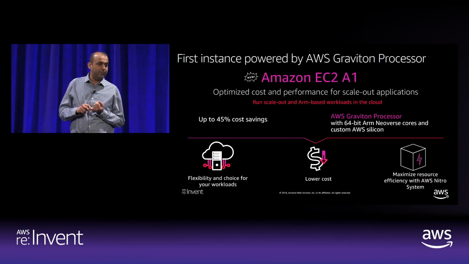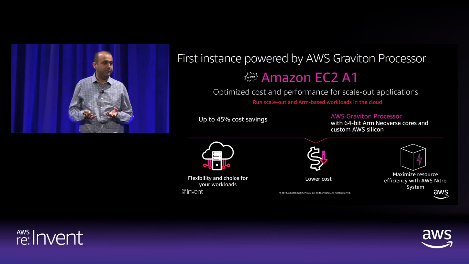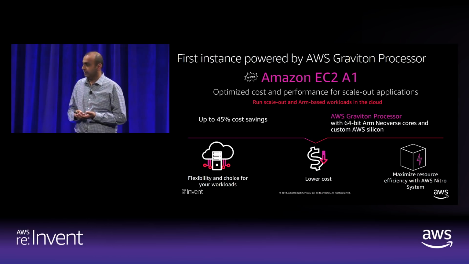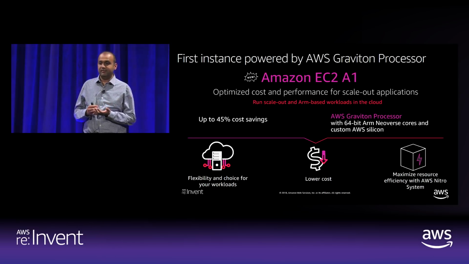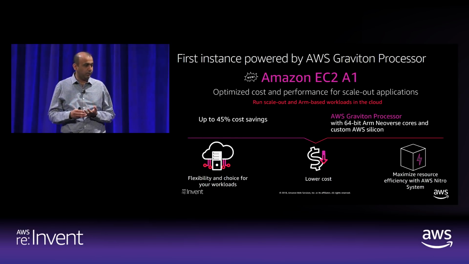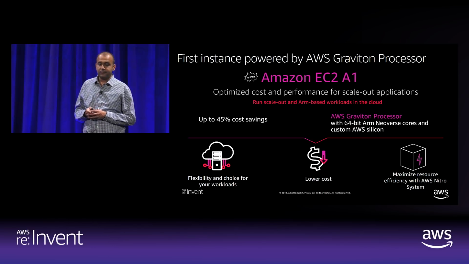A lot of the familiar capabilities that you're used to, both from AWS as well as EC2, run seamlessly on A1 instances. For example, capabilities like EBS, networking, AMIs, and auto-scaling, all of these work seamlessly together on A1 instances.